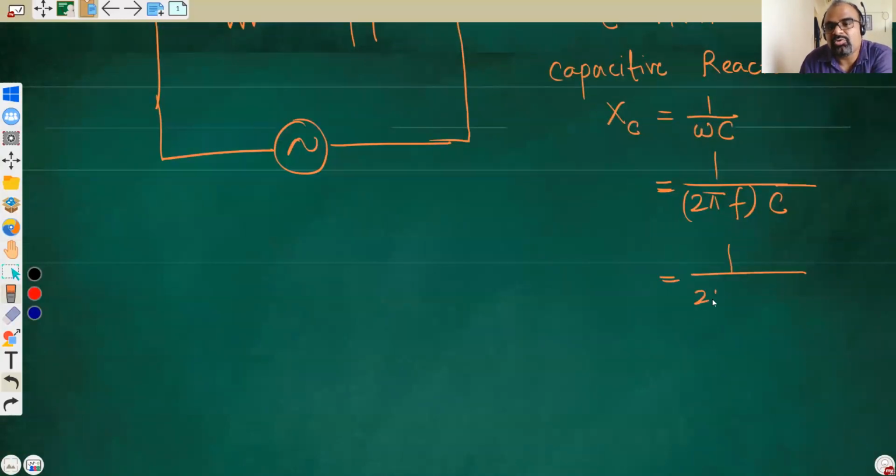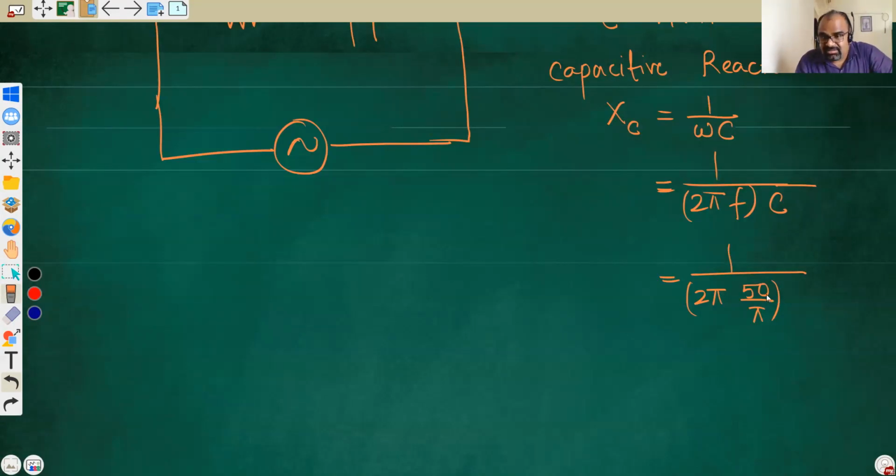So 1 by 2 pi into, okay, frequency was how much? If it was 50, then the calculation would have been a little more cumbersome. So to eliminate this pi, frequency is given to be 50 by pi hertz, even though it is not practical, because practically, as I have already told you, the frequency of AC throughout the world is 50 hertz, or in some countries 60 hertz.